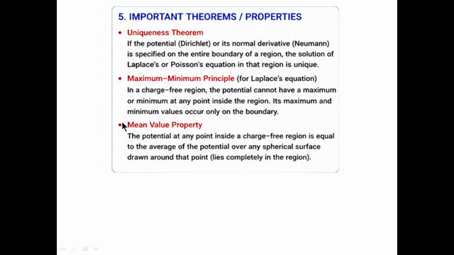If we take a spherical surface around this point and calculate the average value of potential over that spherical surface, the value is equal to the value of potential at this point. So this is the mean value property.